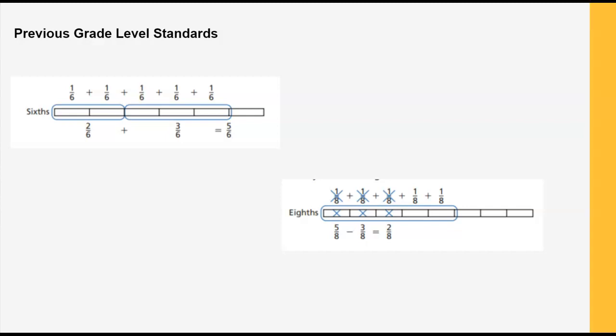And again, this is really a previous grade level standard, adding unit fractions together and also subtracting with like denominators. We're going to build on this in this grade level so that we're using fractions greater than 1, and also, as I've stated before, fractions with unlike denominators.